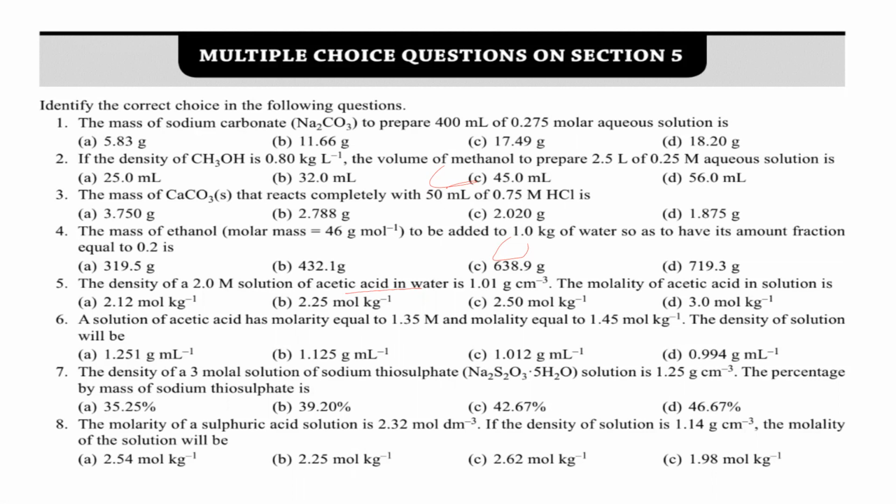So first, from molarity we can find the mass of solute, and after that, by using the density they have given, we can find the mass of solution. Finally you can find the mass percentage of sodium thiosulfate. So what is given here? Only density is given, that is 1.25 grams per centimeter cube, and a 3 molar solution of sodium thiosulfate.